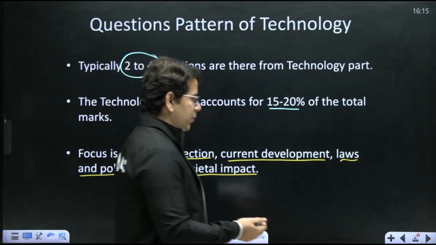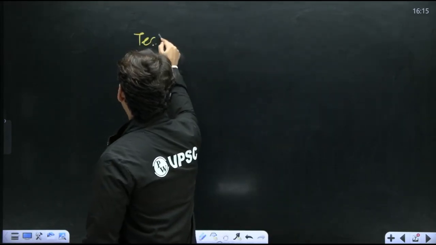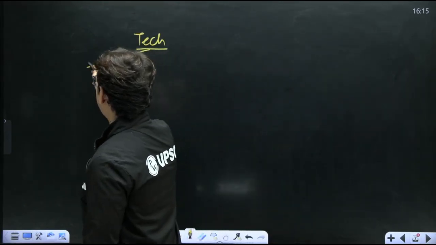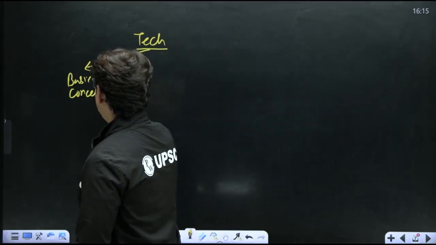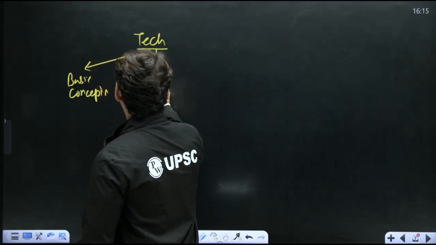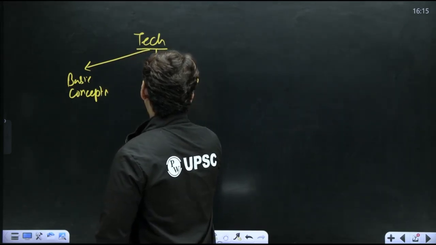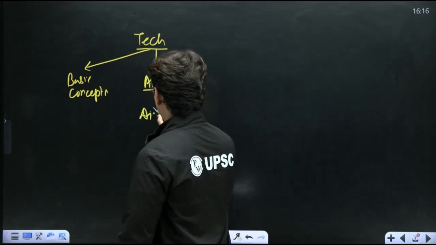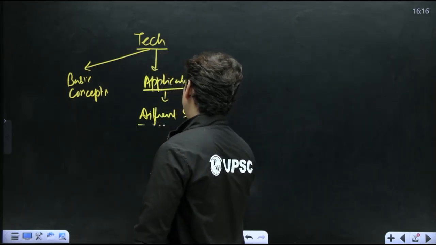So normally whenever we talk about the technology part, we divide it into four areas. One is basic concepts, then application, and applications in different sectors, and that's very important.